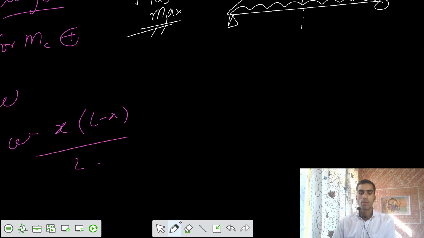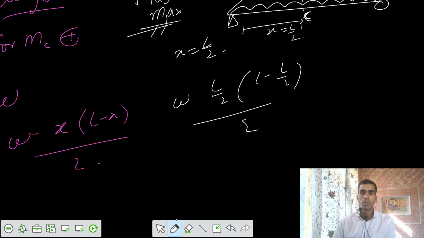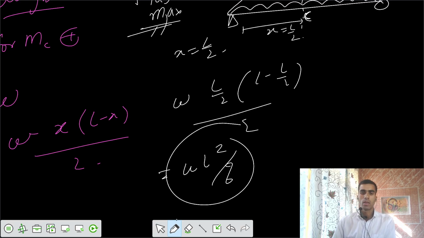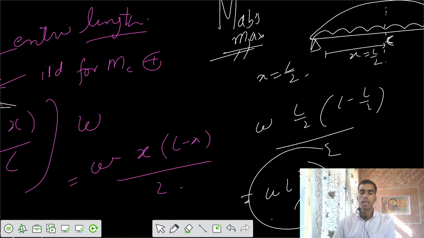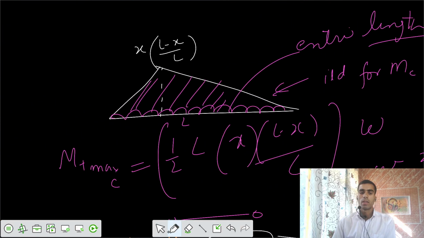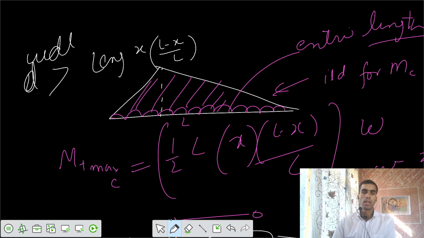If I substitute x equals L by 2, that means the section C is at a distance of L by 2 from the support A, I get W into L by 2, L minus L by 2, divided by 2, that's WL square by 8. So this is your absolute bending moment for the case when the UDL length D is greater than the span length L.